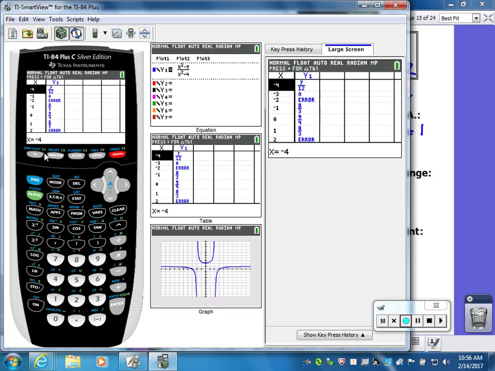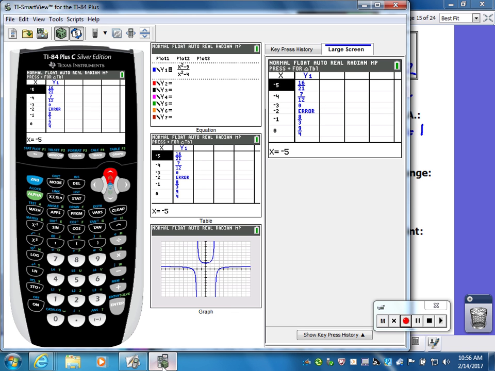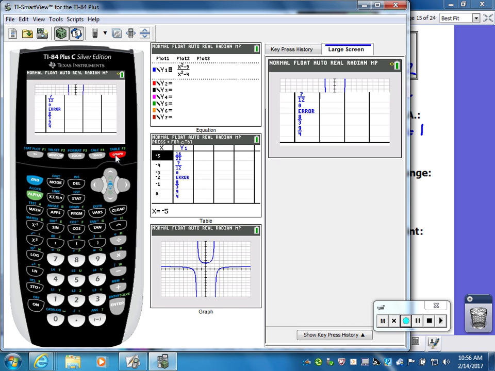So let's look at the left side of our graph. Let's get a point there. So that means I want to be on the other side of -2. Looks like (-3, 0) might be the only pretty point we have. Let's go back to our graph and let's plot (-3, 0). So notice, guys, that's one good point, but if you look at your graph, what's that end behavior doing there?